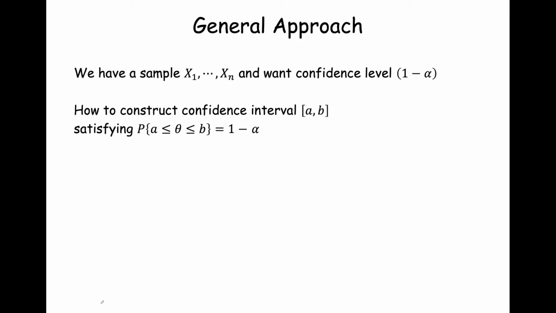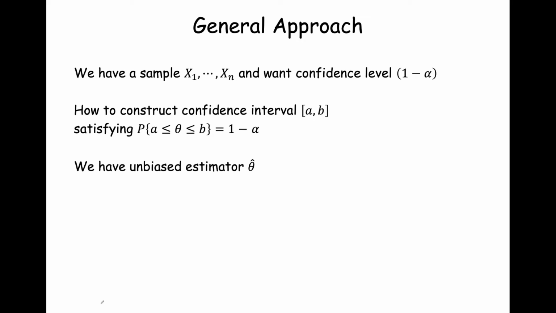If it's a 1 minus alpha confidence interval, there's going to be this interval AB such that the total probability associated with it is 1 minus alpha. For a 95% confidence interval, if you were to sum up all the probability mass, or integrate all the probability mass, between the endpoints A and B, that would be 0.95. So that's what we're after here.